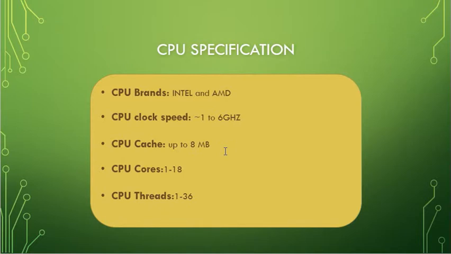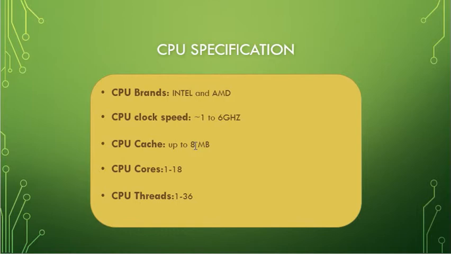Normally, they go with L3, because L3 is the highest storage level for your CPU cache. That's how you normally measure your CPU cache.